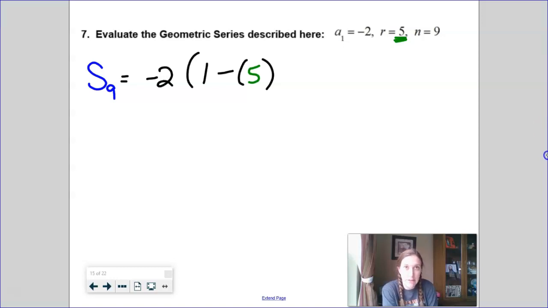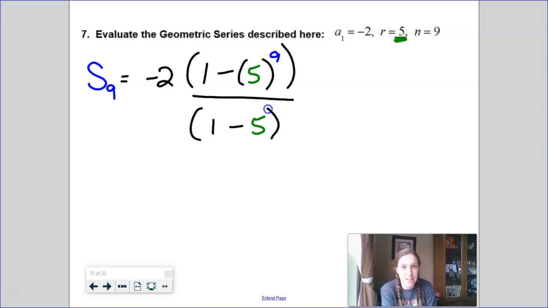To the 9th power, close your numerator, and then that's being divided by 1 minus 5. Again, you don't need parentheses around that 5, because you're not raising it to any power. Do watch your parentheses around the numerator and denominator, and just be really careful about this part here.